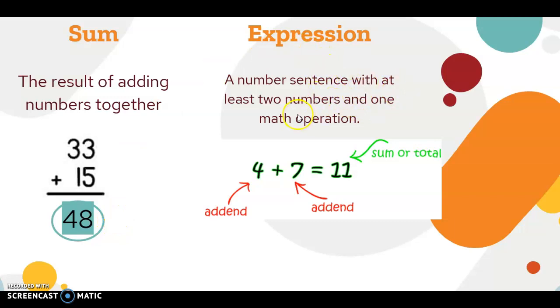Expression is nothing more than a number sentence that involves numbers and an operation which could include addition, subtraction, multiplication, or division. For right now, we are focusing on addition and subtraction. And so the numbers that are in this expression are called addends. And when we combine the addends together, we then get our sum or the total.